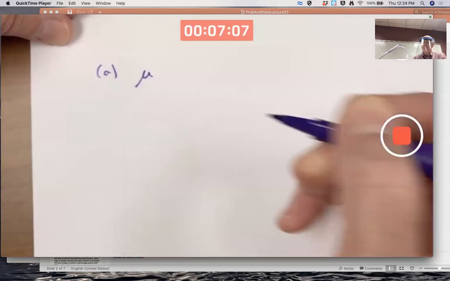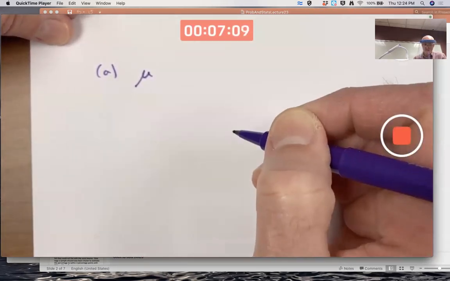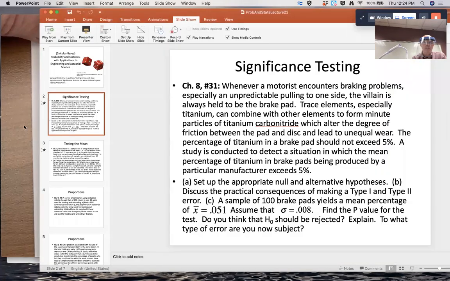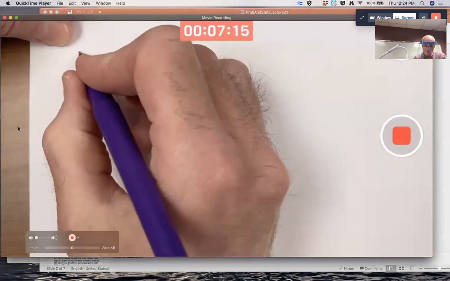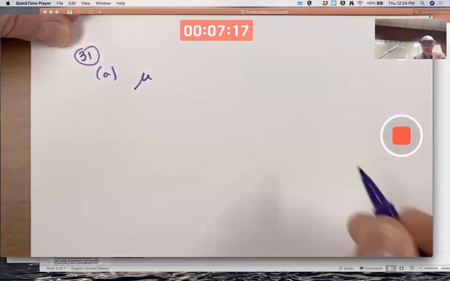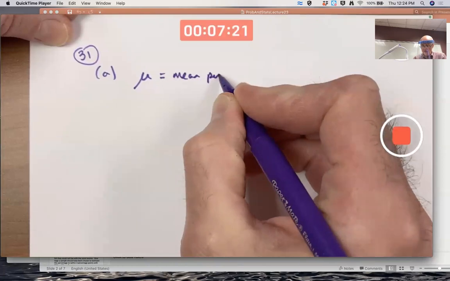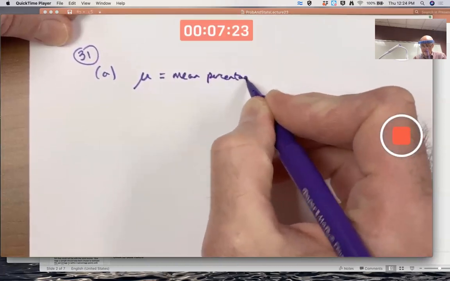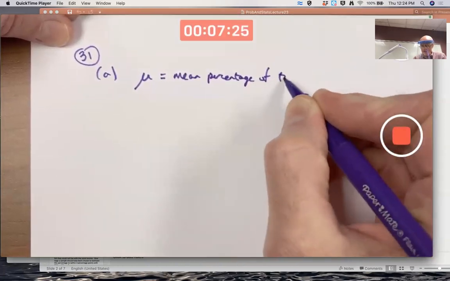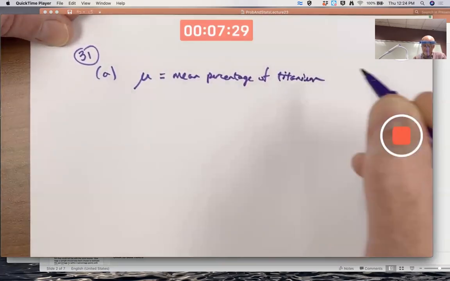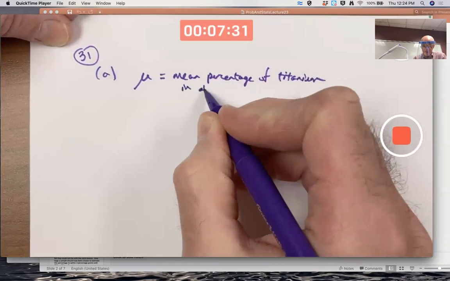Mu is by definition, what problem number is this? And this is number 31. Mu is the mean percentage of titanium in the brake pads, in all brake pads.